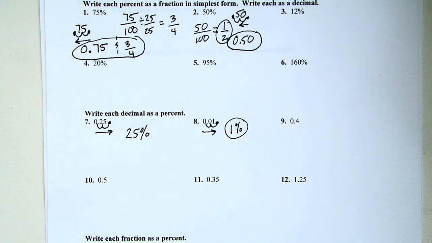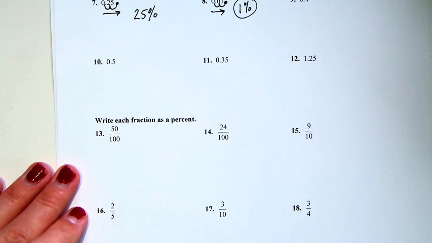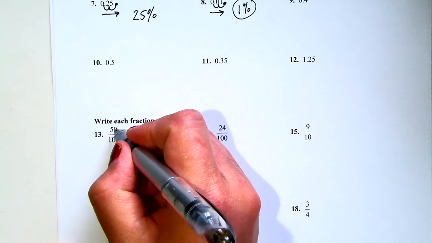All right, moving on. We've got number 13. We're going to turn each one of these problems into a percent, so each fraction turns into a percent. Let's take a look at what our directions state. It says convert to a decimal by dividing, move 2 places to the right for the decimal, and then add a percent symbol. So 50 over 100, we're going to reduce that.